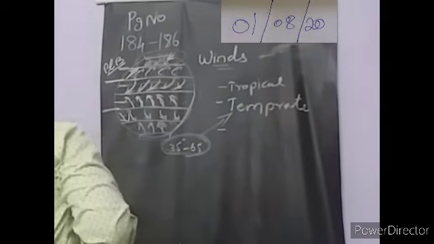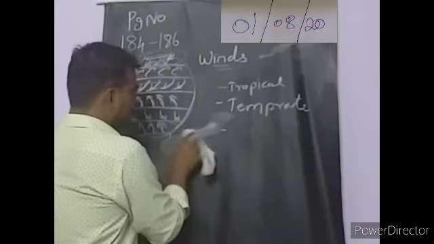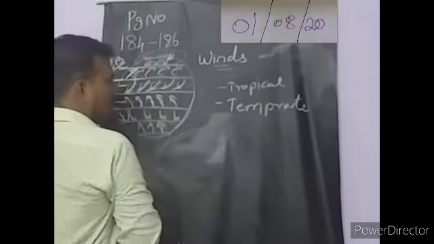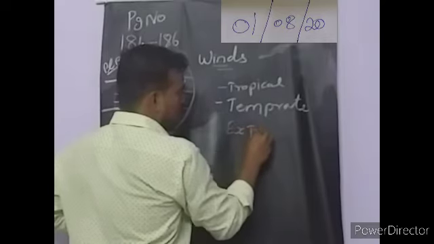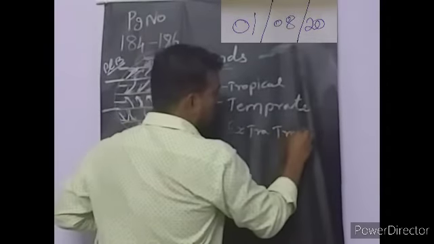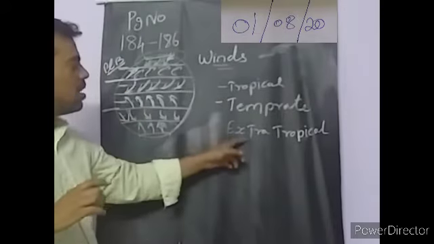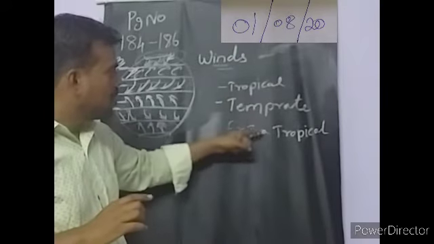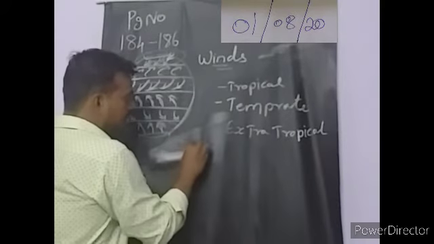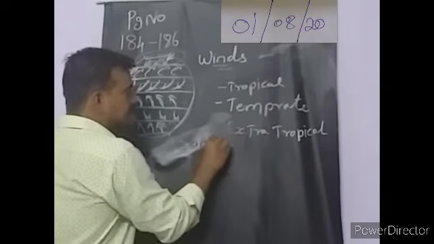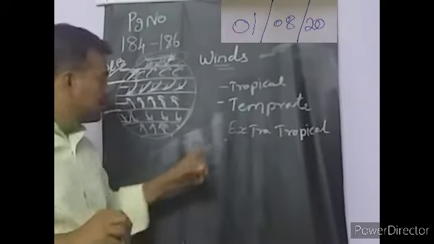The same, next one we are going to see is the extratropical. Okay, extratropical. So the same as tropical, but this forms in the same 30 degree to 60 degree area of the earth.